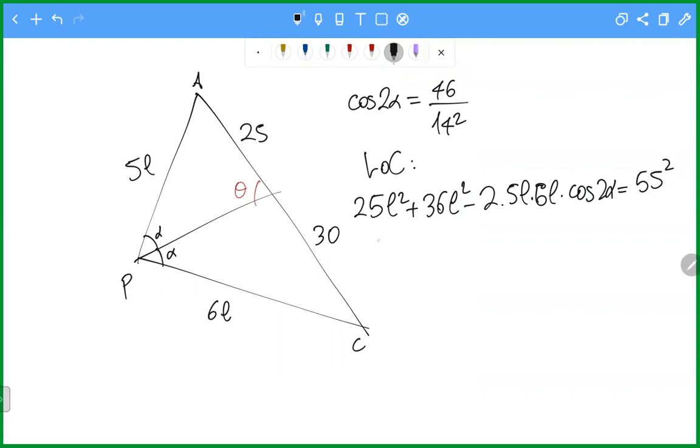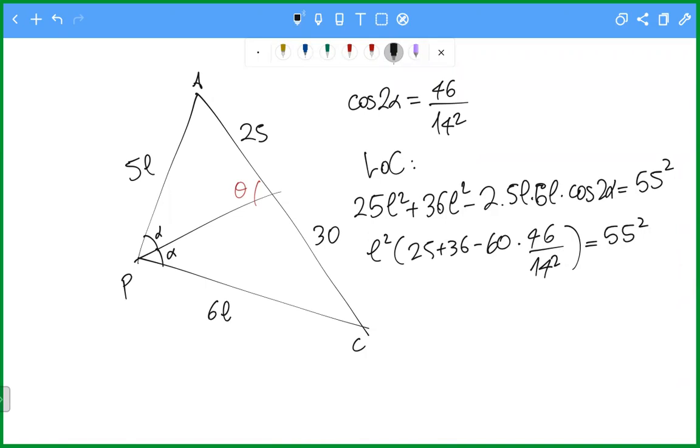Okay, so just pull out L squared. The rest is 25 plus 36 minus 60 times cosine 2 alpha, which is 46 over 14 squared. Okay, and then this equals 55 squared, right?